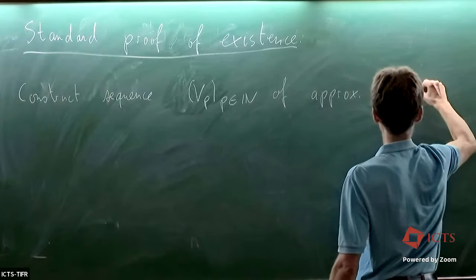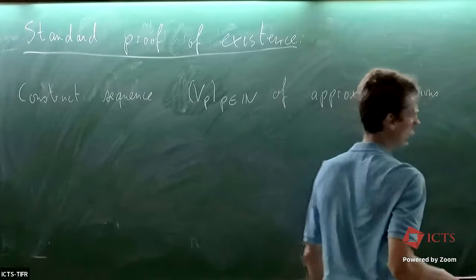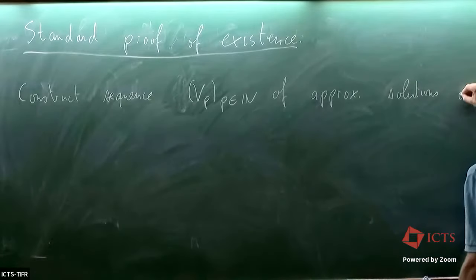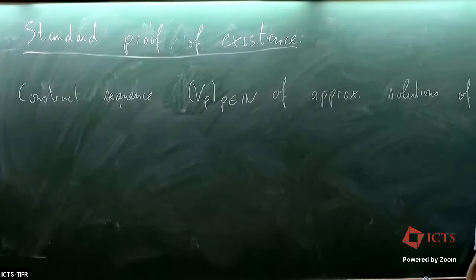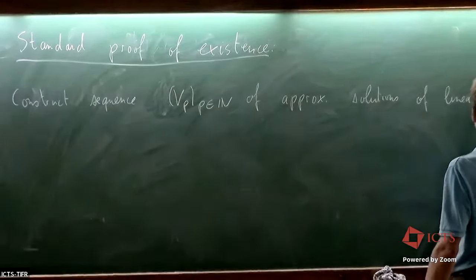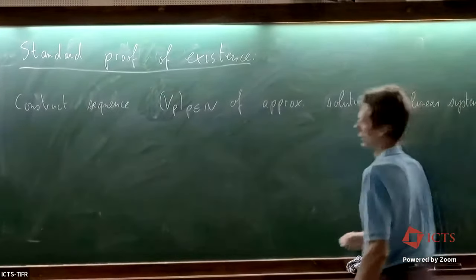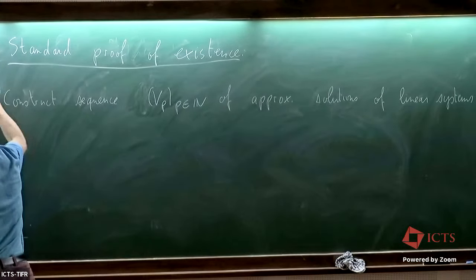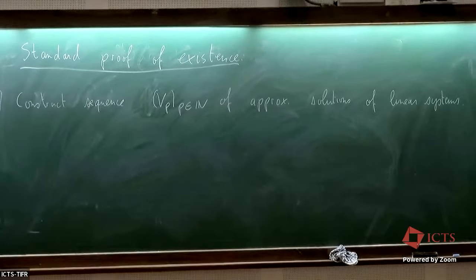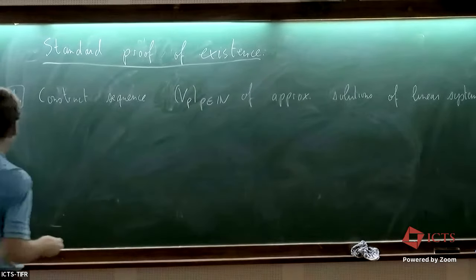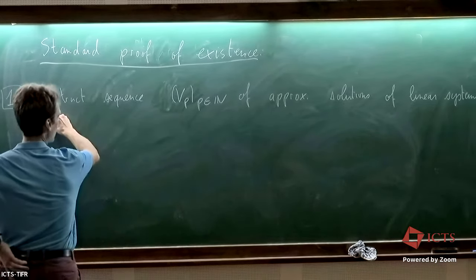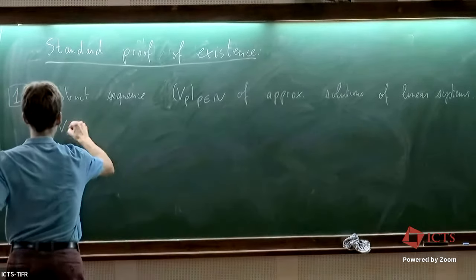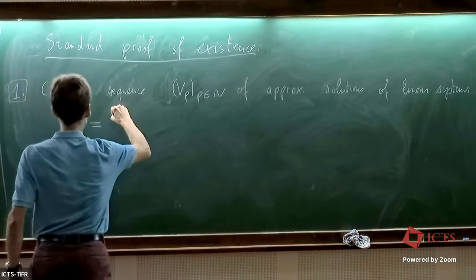So this is step one. Typically what you can do, there are other possible choices, of course, is start with the first term, V^0, which will be just the initial data.